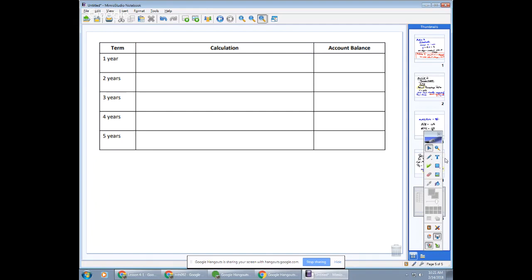So remember, if you whip out your calculator to do something, make sure you write down the calculation you used your calculator to do. There's a line for that in table 2.